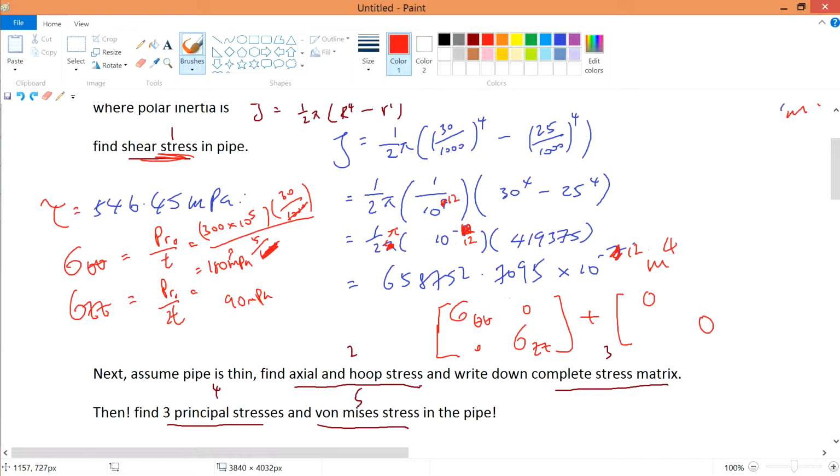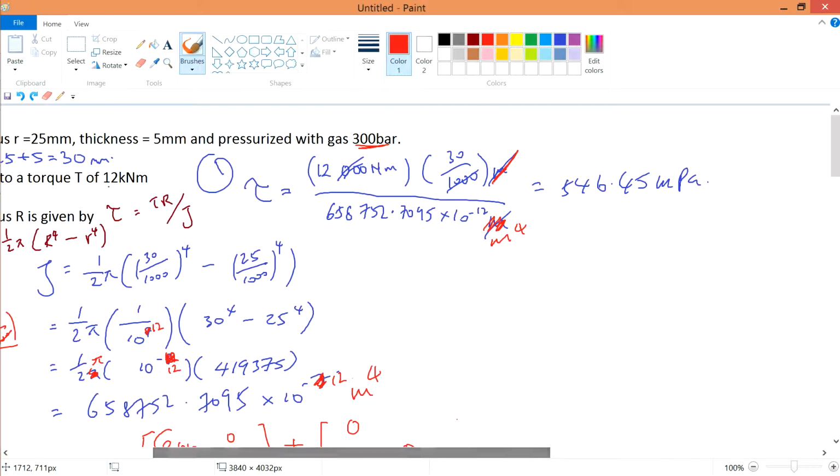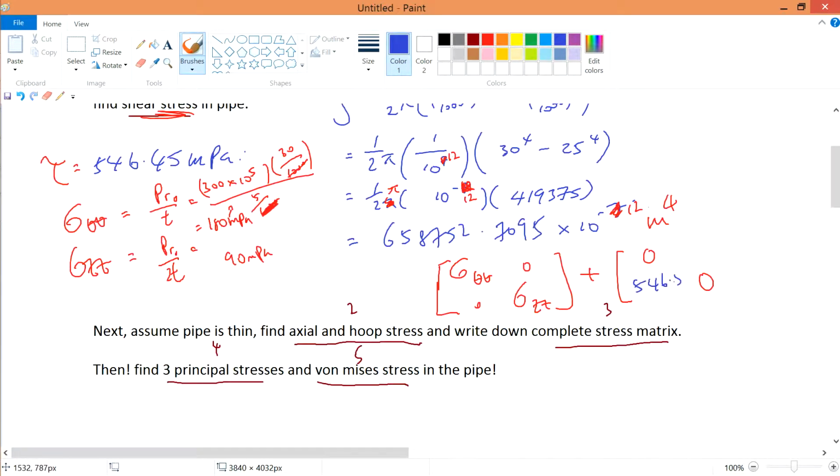Our shear stress is a very huge shear stress, 546.45. I'll write 546.5 for simplicity's sake, and we call this sigma theta z. It's a shear stress between the hoop stress and the axial stress.